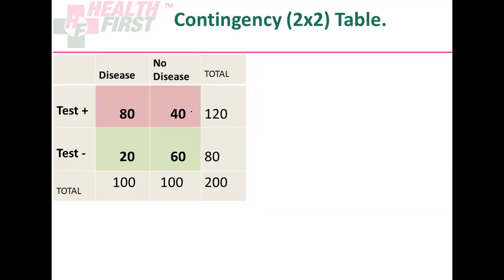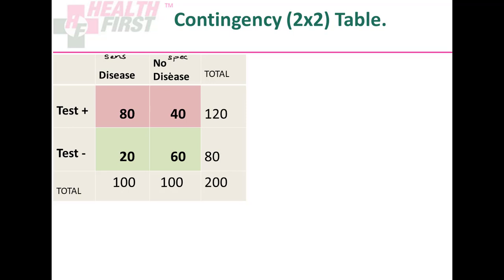We use the same contingency table that we use for sensitivity. It's the same one that we use for positive predictive value. But the only difference is the perspective is different. Remember that our perspective when measuring sensitivity was individuals with disease, right? We were trying to find out how good is this test at identifying individuals with disease. And for specificity, our perspective was individuals without disease.